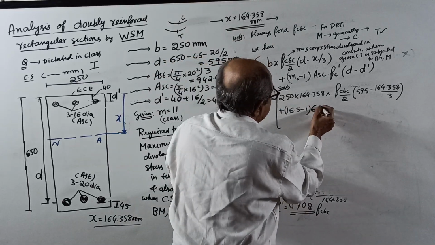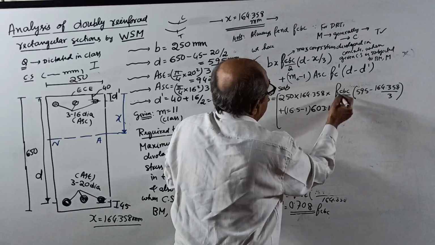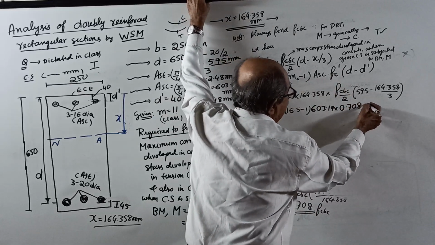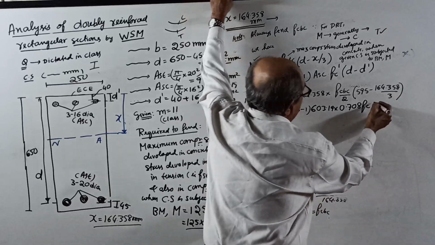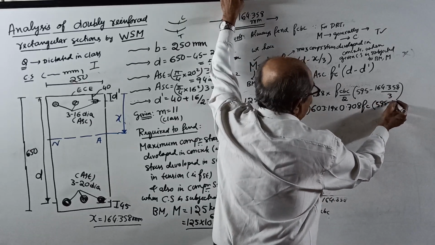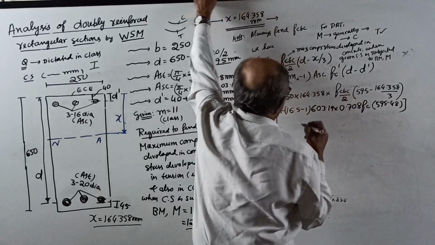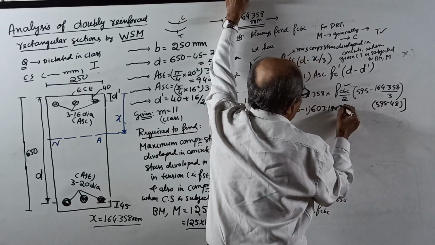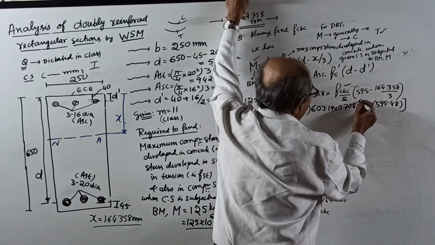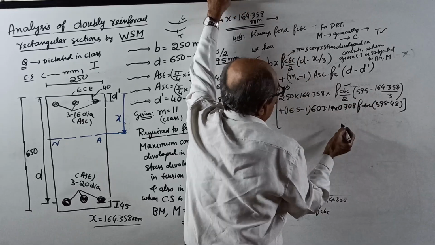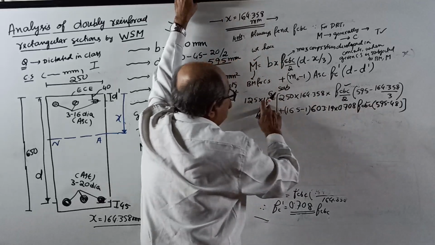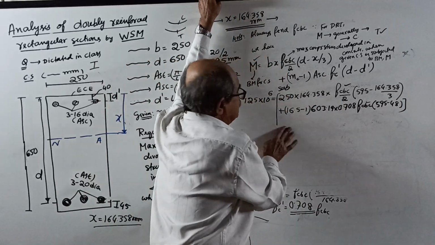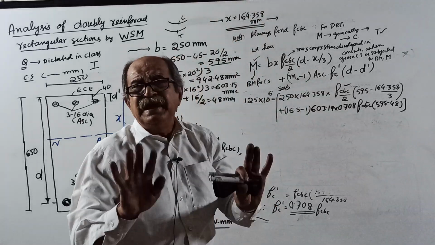ASC is 603.19, into FC dash, which is 0.708 FCBC, into D, which is 595 minus 48. So FCBC here, take outside. Somebody studying structural engineering, if you cannot do that much, I told you, not fit to sit in any class.